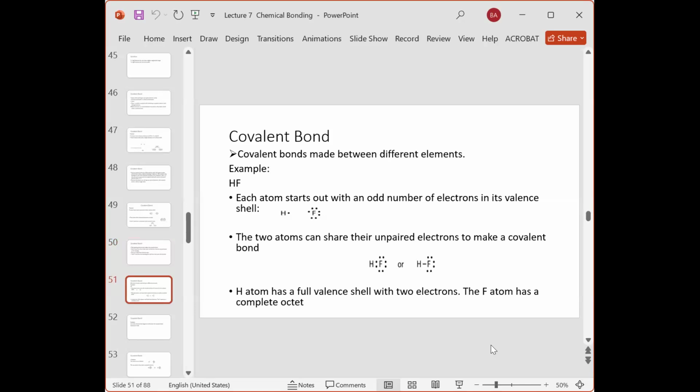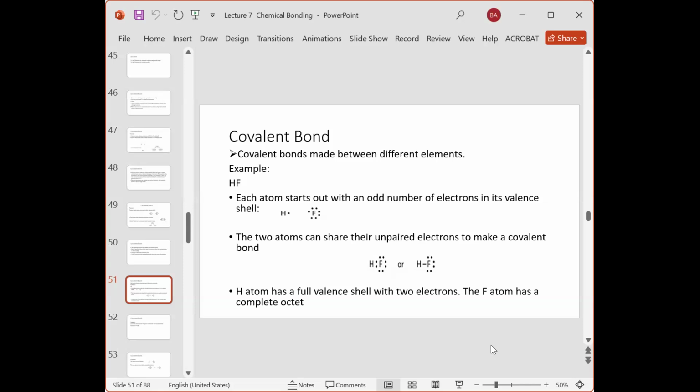The covalent bond that we showed before was between just the same element, same atoms. But in this case, a covalent bond can also happen between different atoms. So now let's see hydrogen and fluorine.